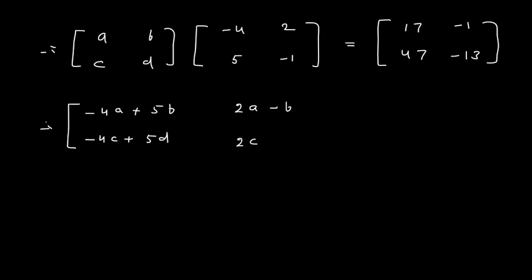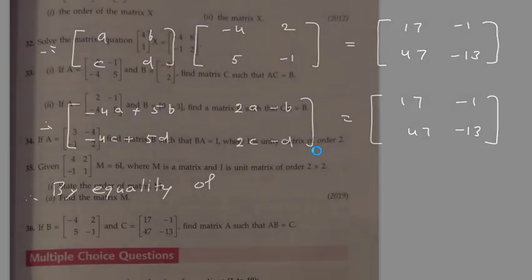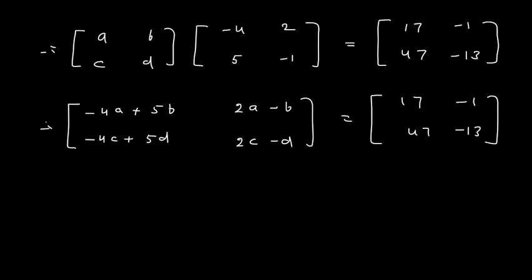So by equality of matrices, we have -4a + 5b equal to 17, and 2a - b equal to -1. This is equation 1, this is equation 2. Let us first write all the equations.